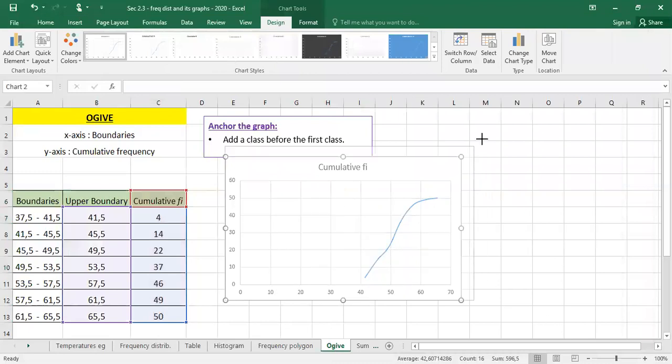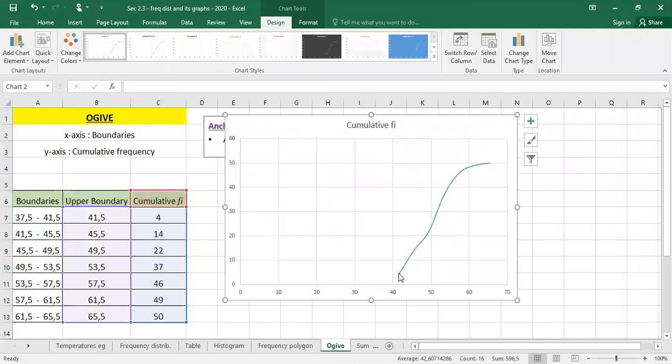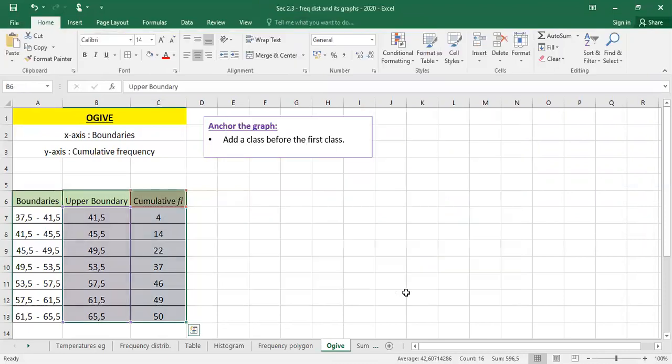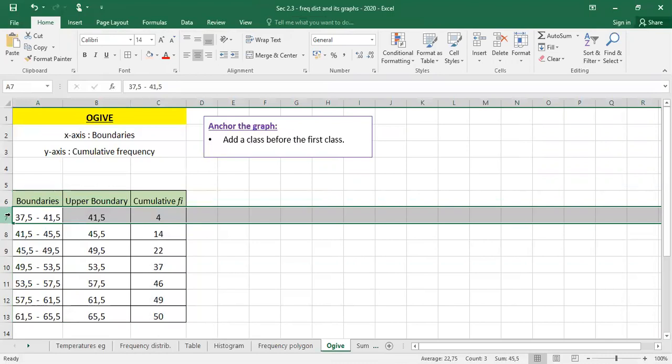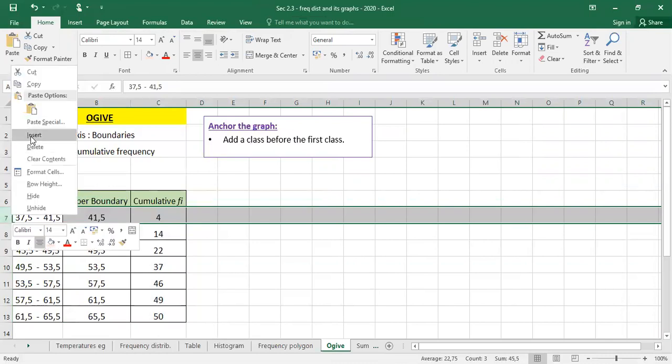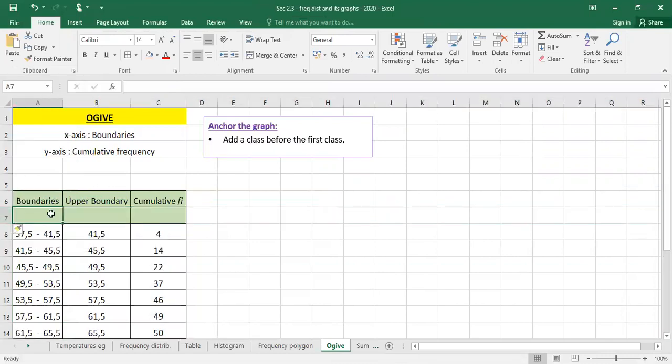And once again, look what happens. It's floating. We don't want it to float. So to get rid of this, we're going to insert another row in here. Let's suppose there was another class in here. I'm going to actually write in the class. Now remember, everything is jumping by 4.